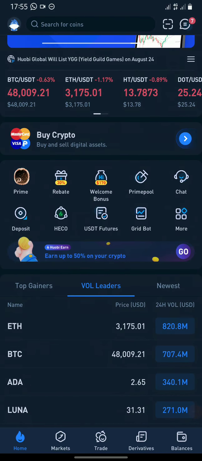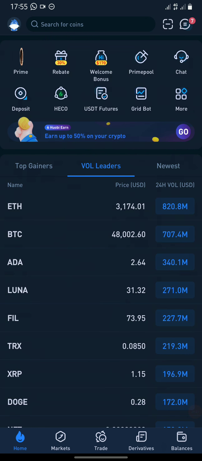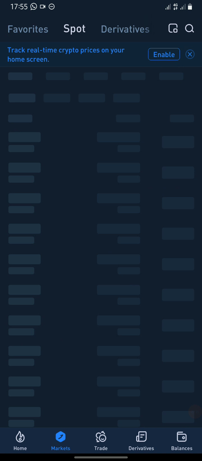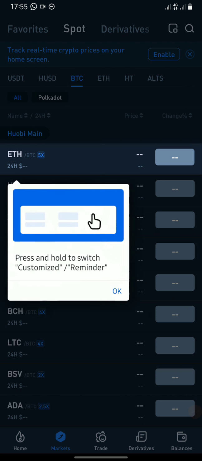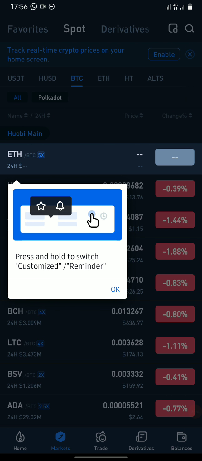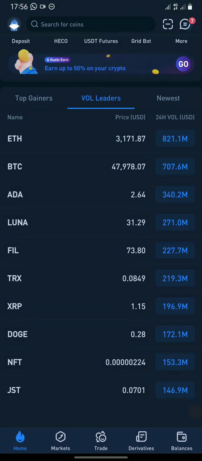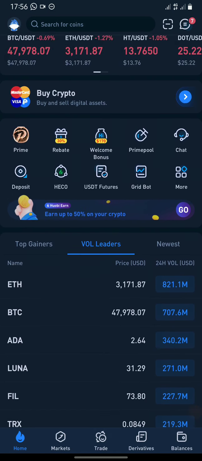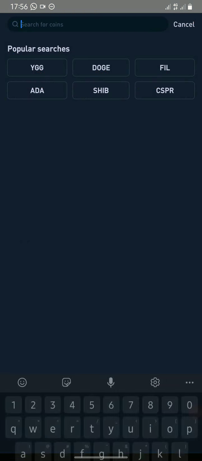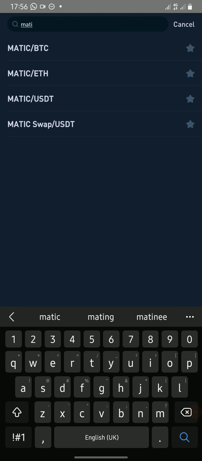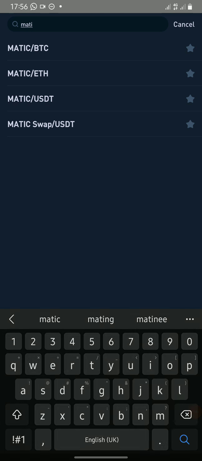No. Okay, let's see. Hold on, please. Okay, search for coin here: Matic USDT.